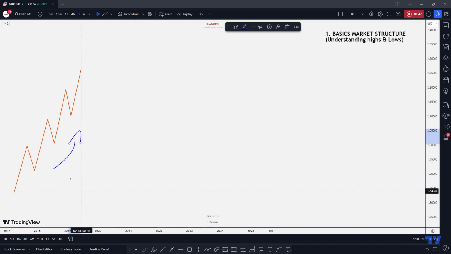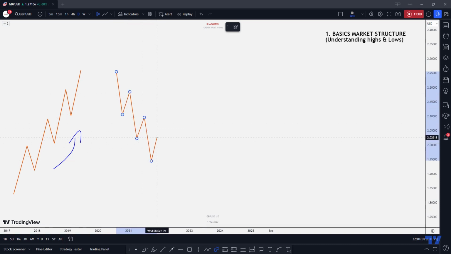And if price is doing the opposite, printing lower highs, lower lows, lower highs, lower lows, lower highs, lower lows, it basically means that the market is bearish.